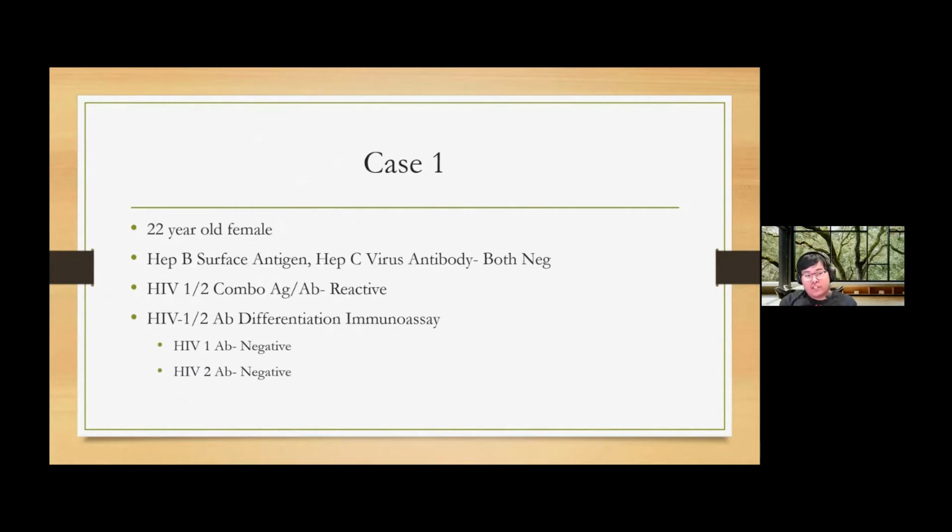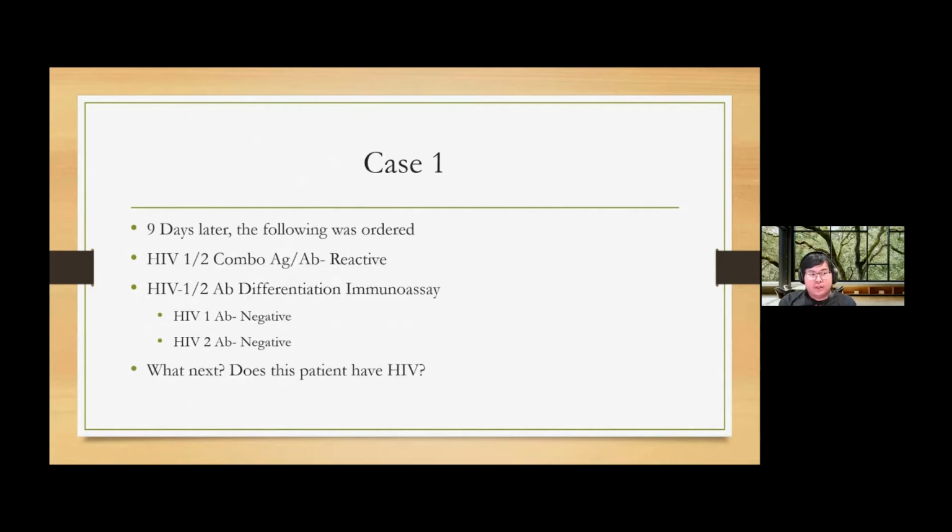Then they ordered the HIV 1-2 antibody differentiation immunoassay, and the HIV 1 and 2 antibodies came back negative. 9 days later they reordered the same tests: the combo antigen antibody reactive, and the differentiation immunoassay both negative for HIV 1 and 2 antibodies. The question proposed to us was, what are we supposed to do? Does our patient have HIV? We'll get to the answer later.